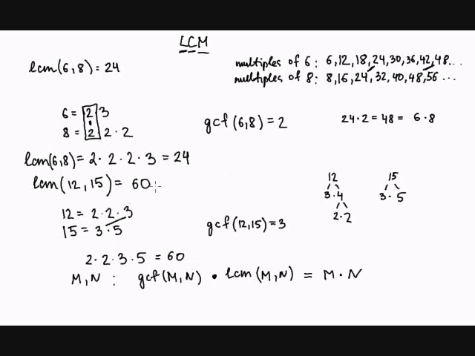We have 12 and 15. LCM is equal to 60. 60 times GCF, which is 3, is equal to 180. And you can check, but I'm sure that 180 is equal to 12 times 15. So you can check your work using this property.